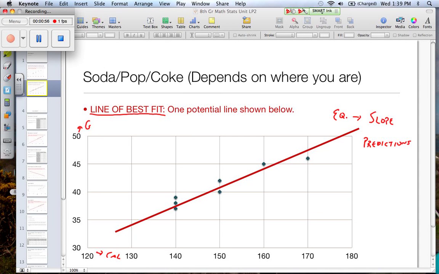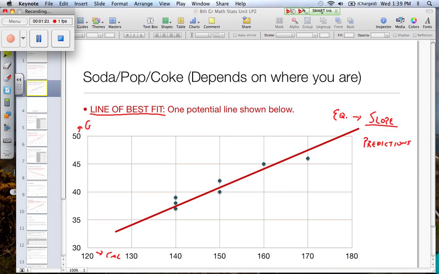Looking at scatter plots and being able to come up with clusters and outliers is very important, but this linear relationship is even more important because it's how we use statistics in order to influence decisions in the real world, especially when it comes to the slope, which in this example is the amount of grams of sugar in your can of pop for every calorie.